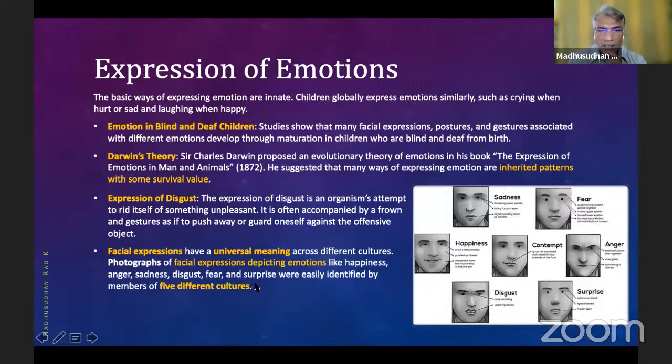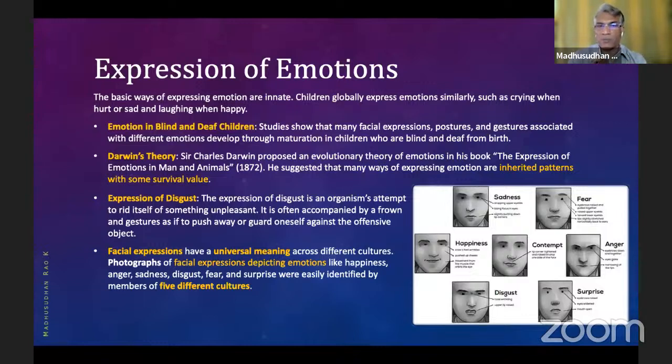Surprise and, one second, disgust, emotion in the blind. This you don't know, need to know. Darwin proposed an evolutionary theory of emotions in his book The Expression of the Emotions in Man and Animals.